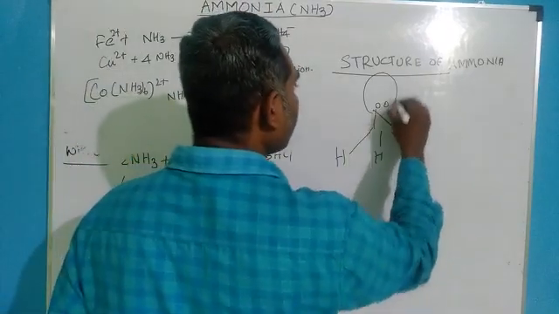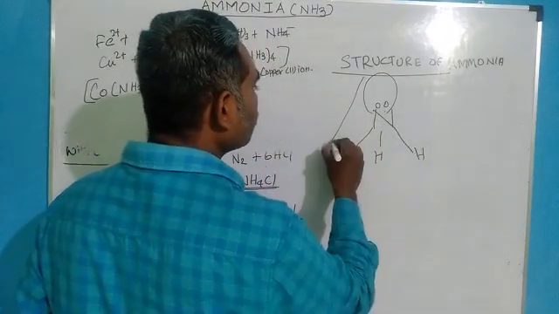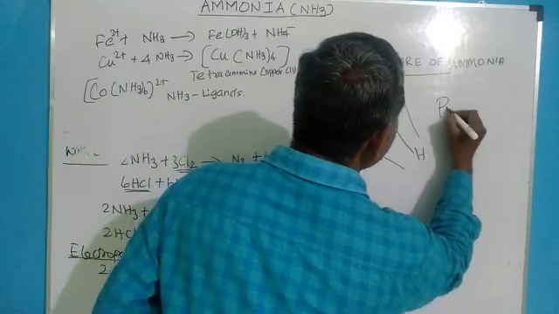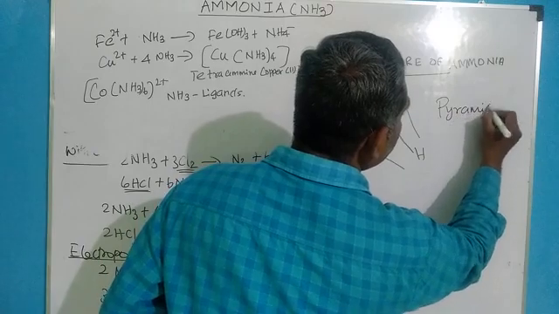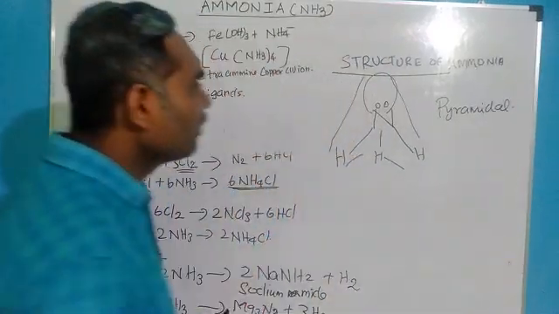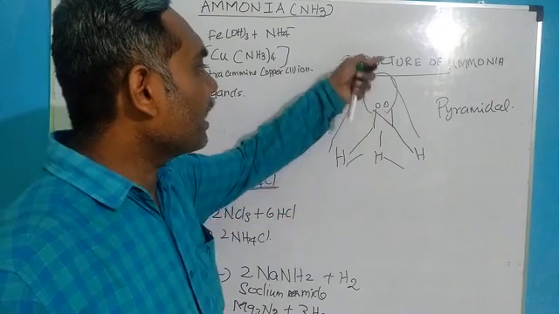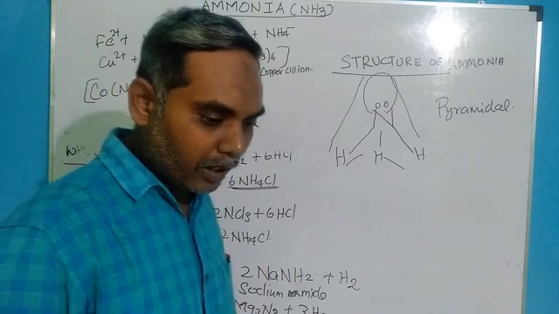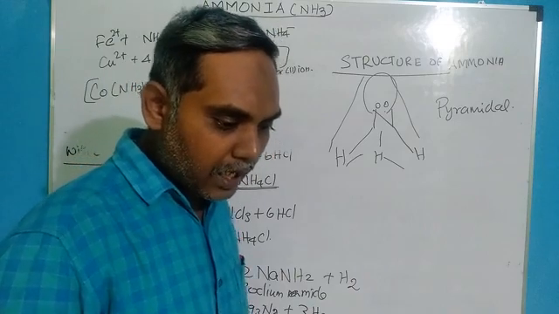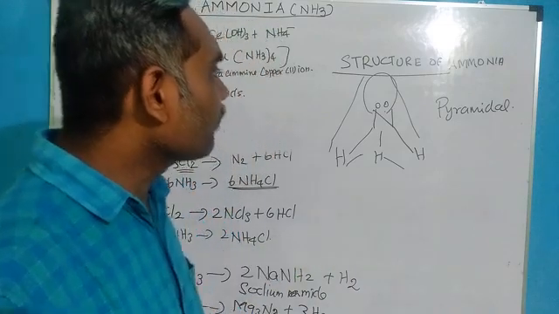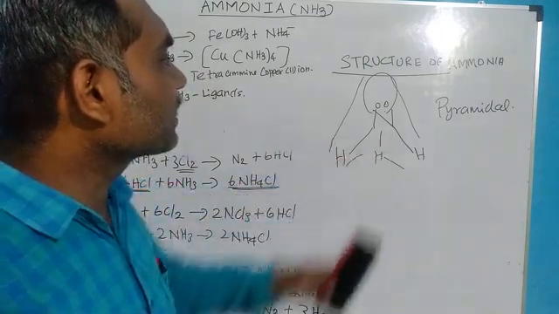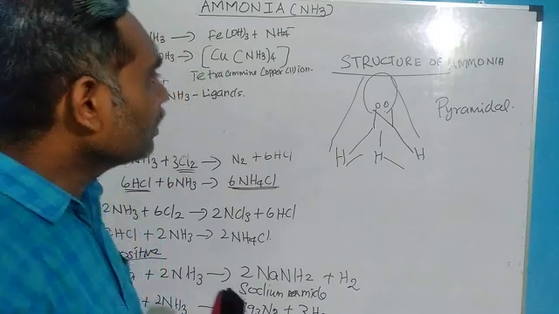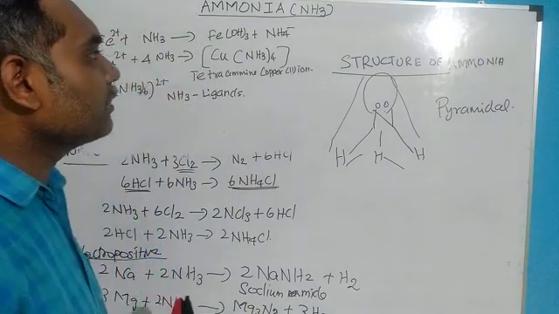The lone pair of electrons occupies a position, so it is a pyramidal shape. If you look at the bond angles, we can conclude it is somewhat tetrahedral in shape. So this is about the structure of ammonia.